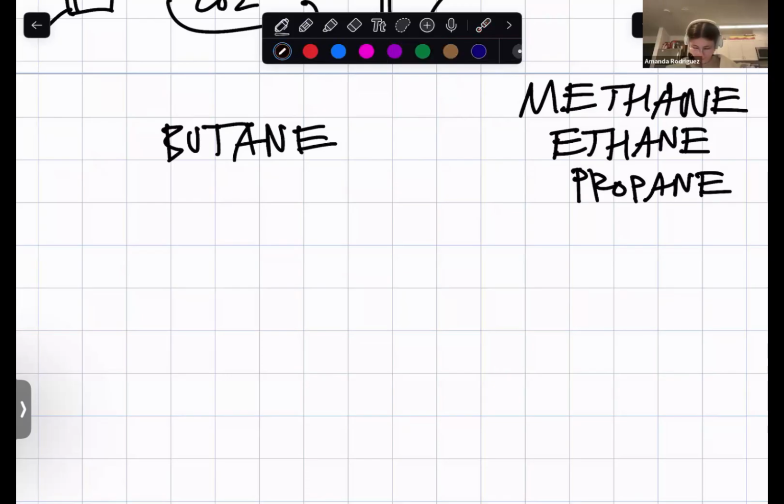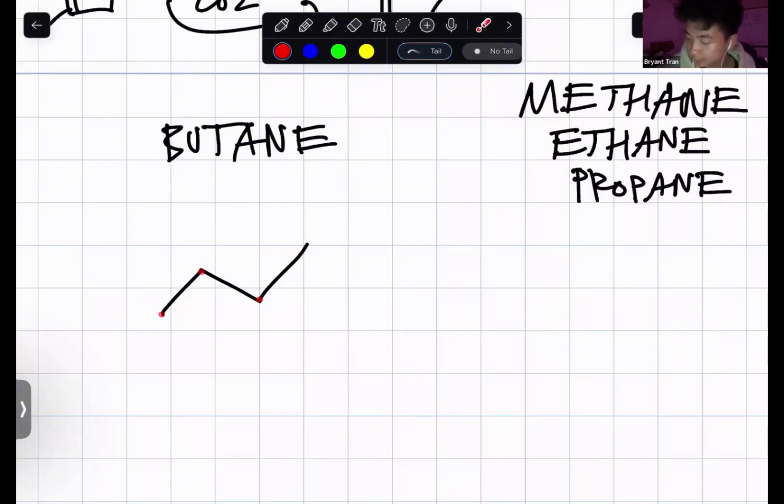So butane in bond line structure would look like this, where each vertex represents a carbon, and these are the bonds to the carbons. We know that for a carbon to be neutral, it has four bonds.